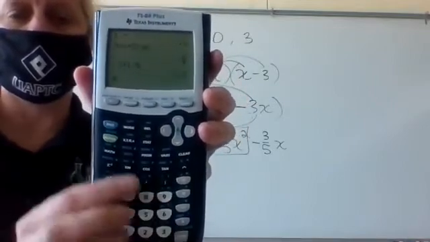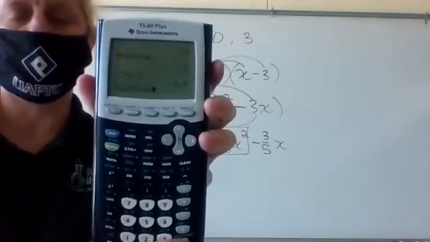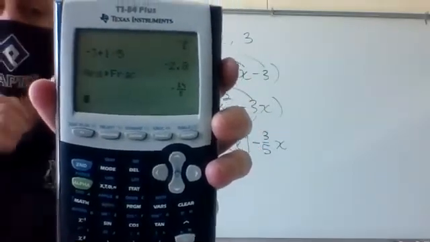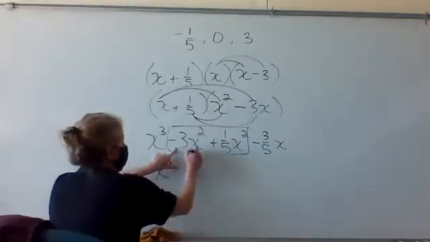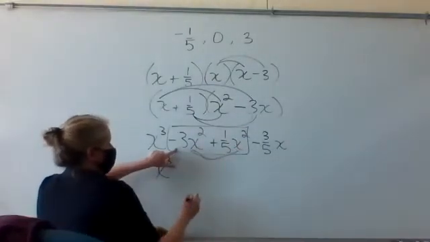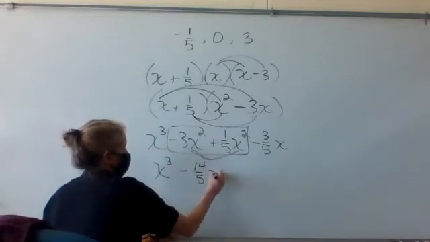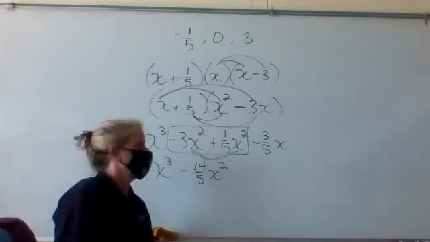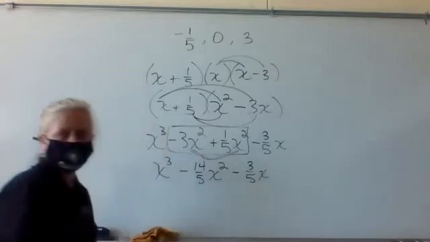Hit enter, get your decimal. Math, enter that. So there is what -3 + 1/5 is. It's -14/5. And those are putting the x squareds together, right? So this is just going to give me -14/5 x squareds and bring down the -3/5 x.